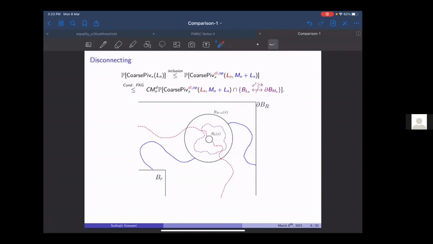You can actually use this bound to create a surface like that. Now, why can you do that, paying a polynomial cost? The reason is FKG. And of course, if you're careful, you are doing a conditional FKG, because potentially we're conditioning on several pieces of information about the blue clusters and the red clusters.